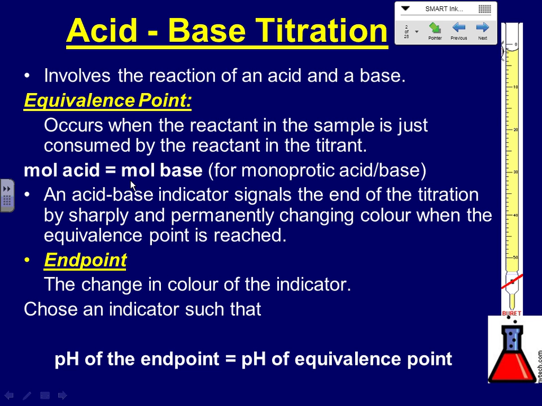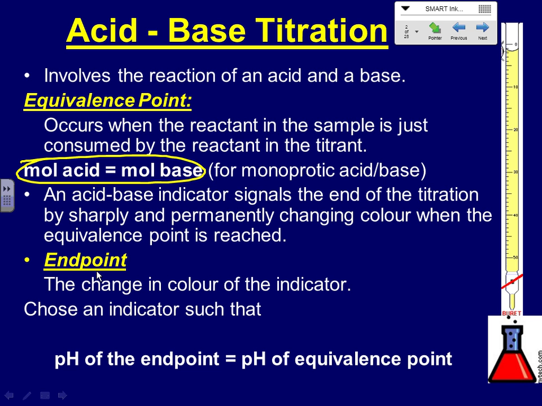So equivalence point means that we have the same moles of acid as we have the moles of base. And that's a very important concept, right? We're going to be using that in this year's analysis of titrations as well.